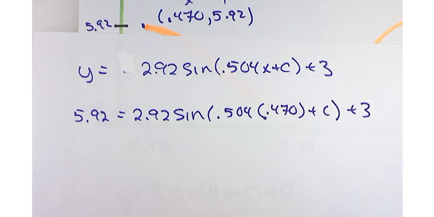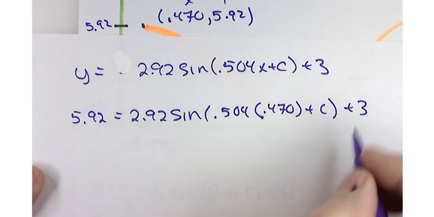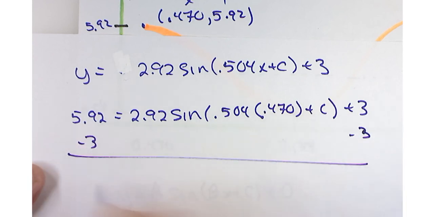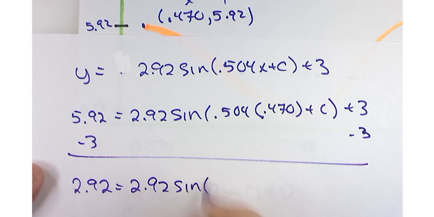So I've got a lot of work to do, but it's not hard work. For instance, the first thing I'll do is subtract 3 from both sides. And I get 2.92 equals 2.92 times sine of something plus c.